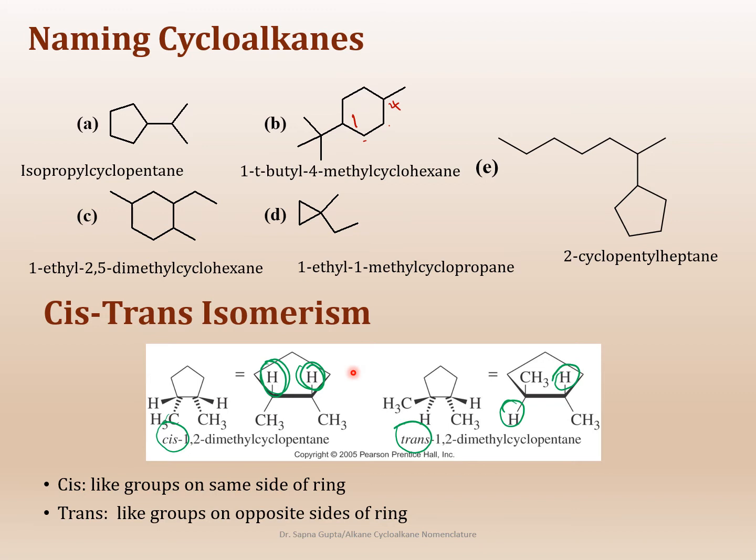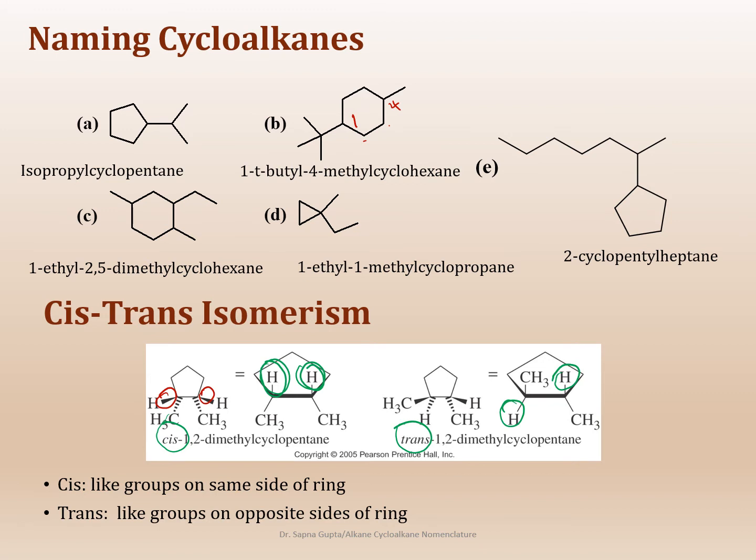Okay, so in the first case where you have two methyl groups, the two methyl groups are going in the same direction and the two hydrogens are in the same direction. By the way, we talk about going in the same and opposite directions very simply by using these wedges and dash lines.